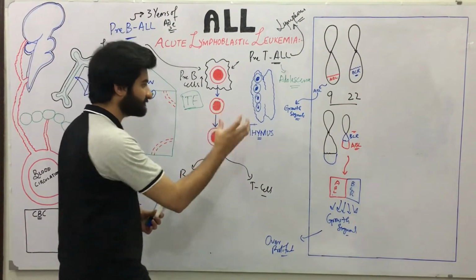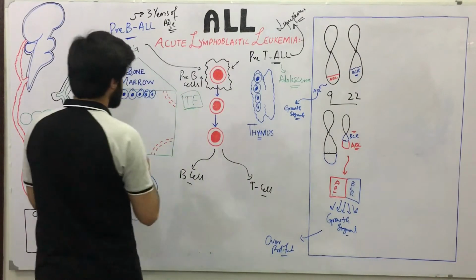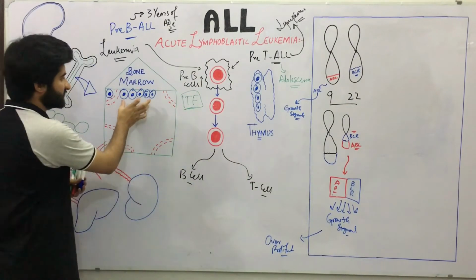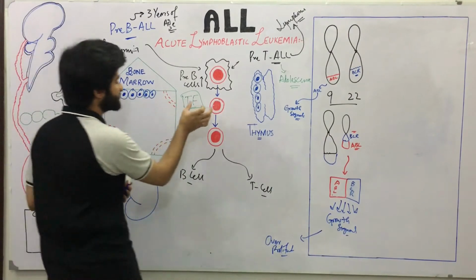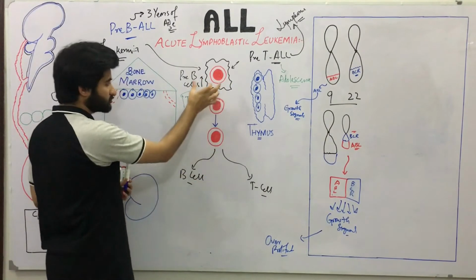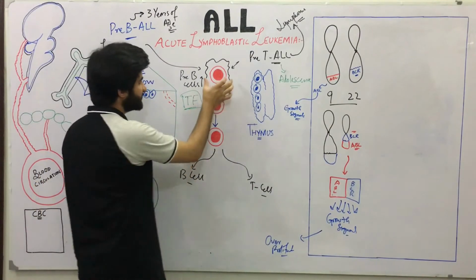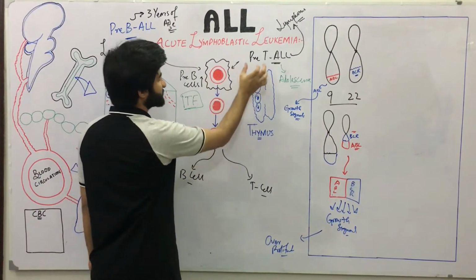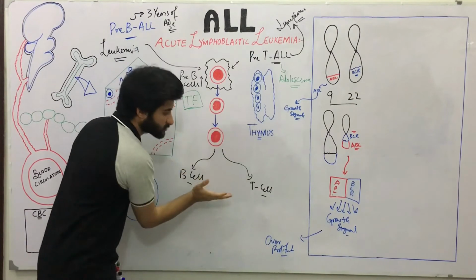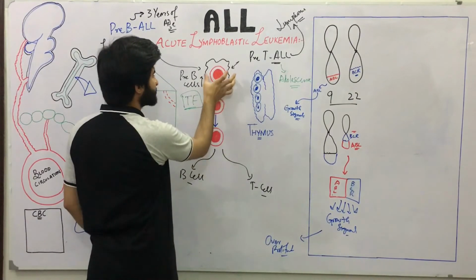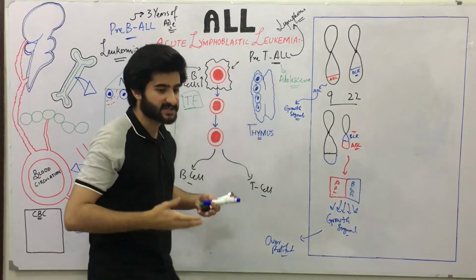After this over-proliferation, we have another thing. Initially these cells were not developing due to the transcription factor mutation. Due to the loss of function of these transcription factors, the precursor B cells or precursor T cells were not developing into mature cells, so they were increasing in number.